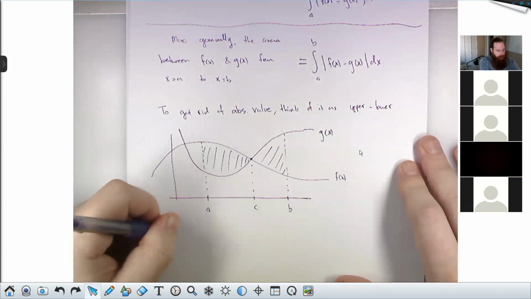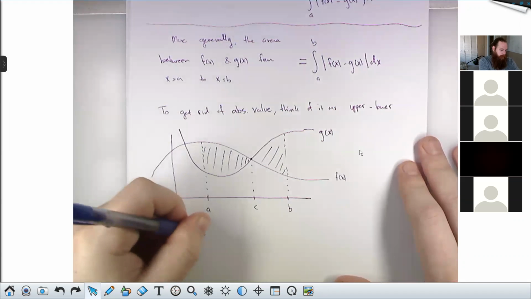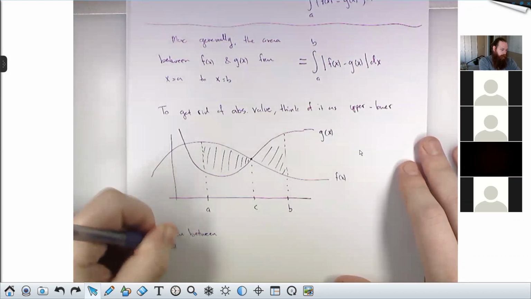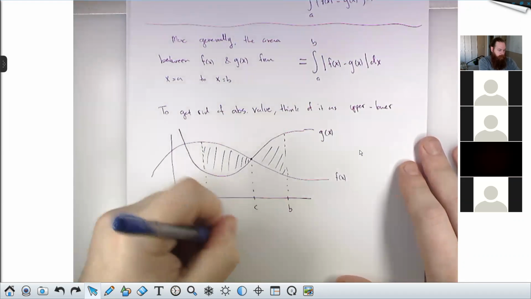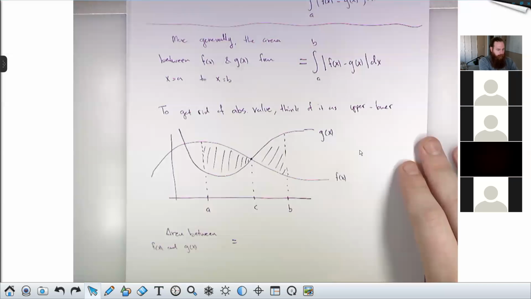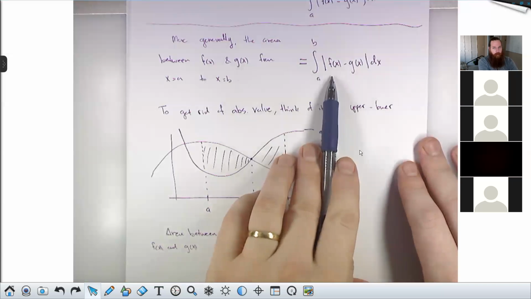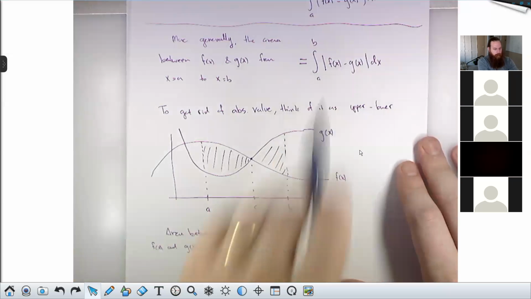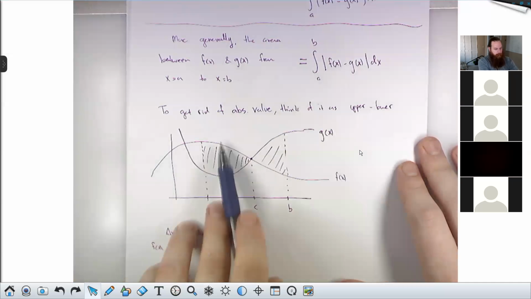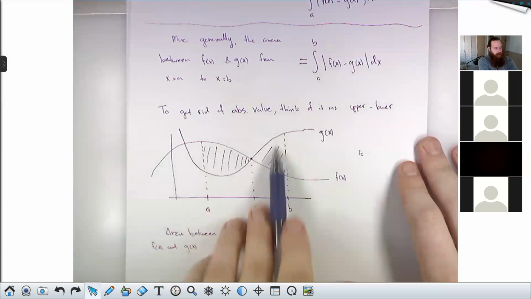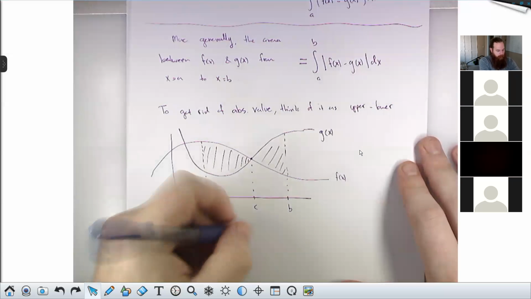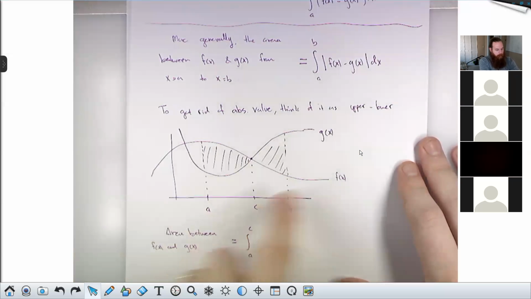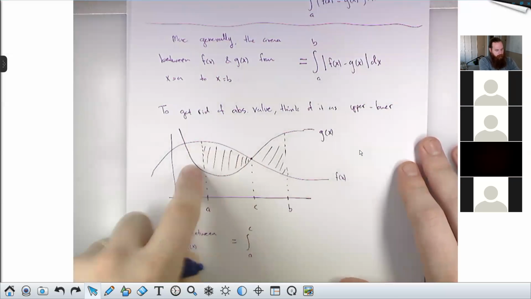So here the area between F of X and G of X, this is equal to, it's still the integral from A to B absolute F minus G. But to get rid of the absolute values, we split the integral up into places where F minus G is positive, that's places where F is above G, and places where F minus G is negative, that's places where F is below G. So from A to C, from here to here, F of X, this guy, is above G of X, this guy.